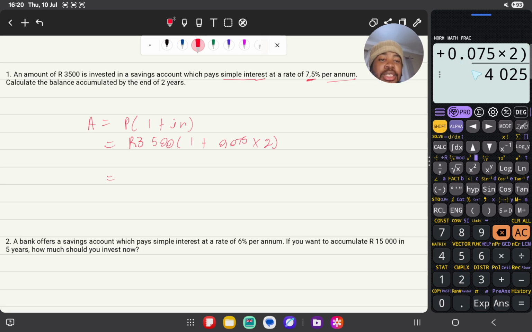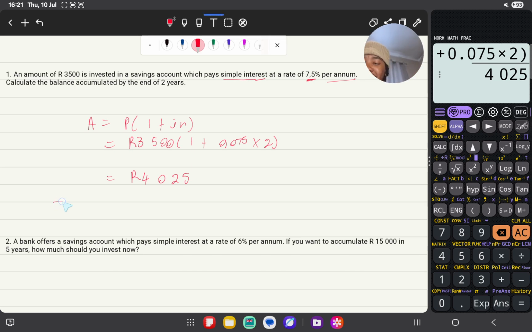So we see that at the end of that period, the money that the dude will have is 4,525. Cool. And then let me show you something. Someone can ask from this question, how much interest did our guy gain from this investment?